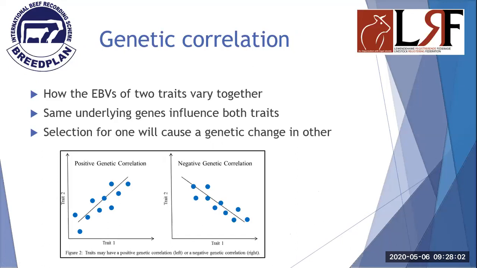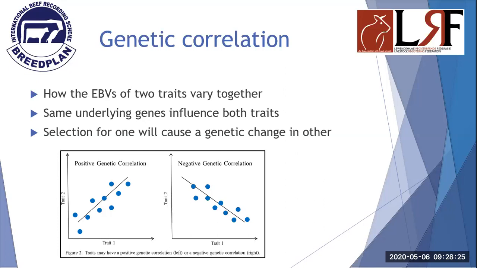So, genetic correlation. We often see that traits are genetically correlated. So they vary together. If you select for one, the other one also changes. And this is due to them having underlying genes that are the same.